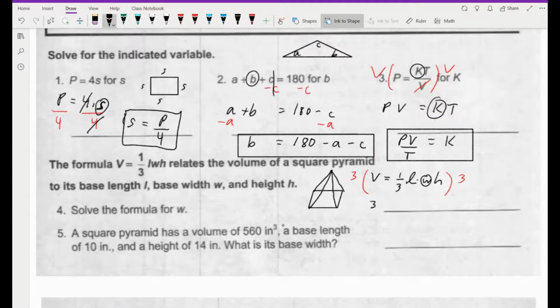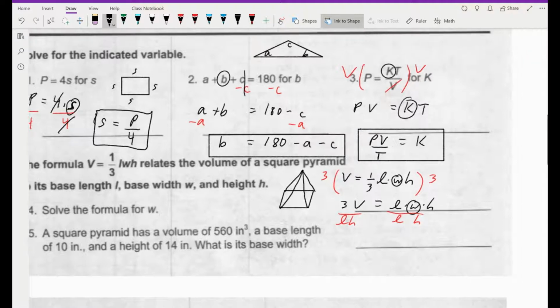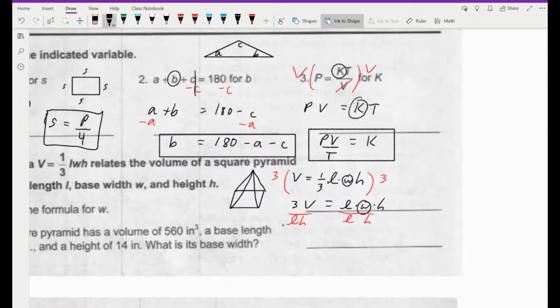So we'll get 3V is equal to L times W times H. Now, because we're solving for the variable, we need to divide by L and H. And we can divide by more than one variable at a time because it's all multiplied together. It's like one part. So the final answer would be W equal to 3 times V divided by L times H.